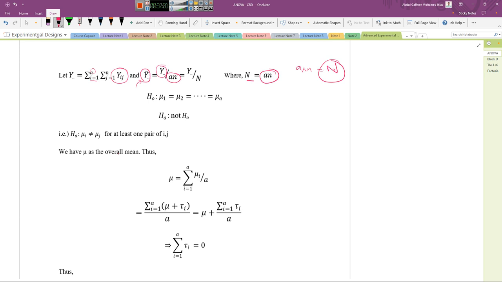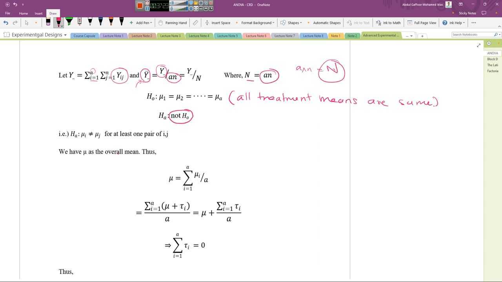Now our hypothesis, as we already know, mu1 is equal to mu2 is equal to up to mu a, which means all treatment means are the same. Okay, and here not H naught, right?